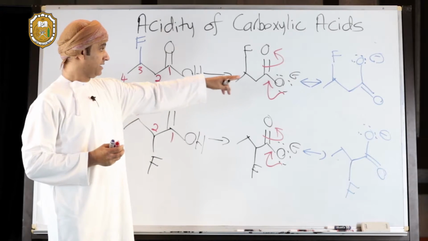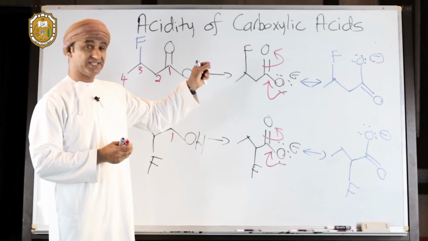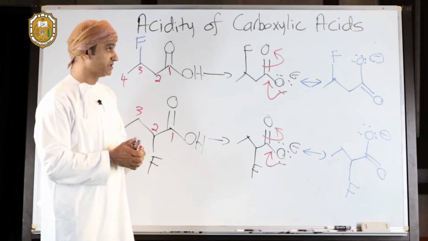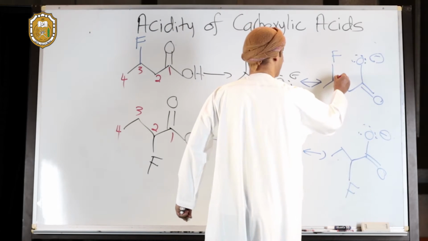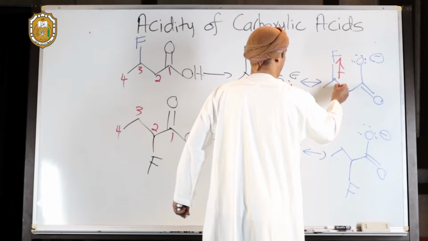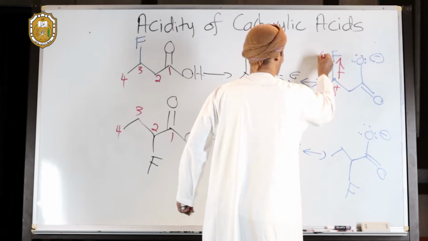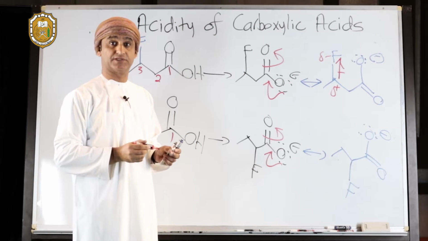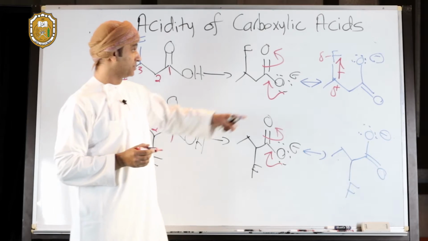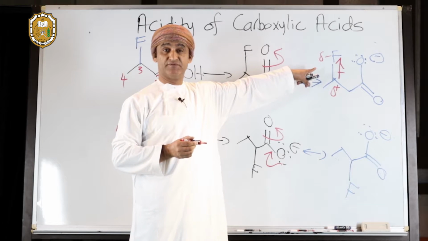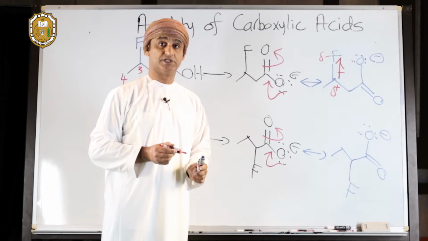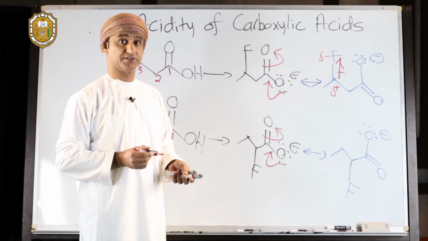But if you look at that carboxylate, it has a fluoro group on carbon number 3. So there's an inductive effect. The fluoro group being an electronegative atom, in fact, the most electronegative atom, pulls electrons toward itself in this carbon-fluorine bond, leaving carbon with a positive partial charge and fluorine with a negative partial charge.